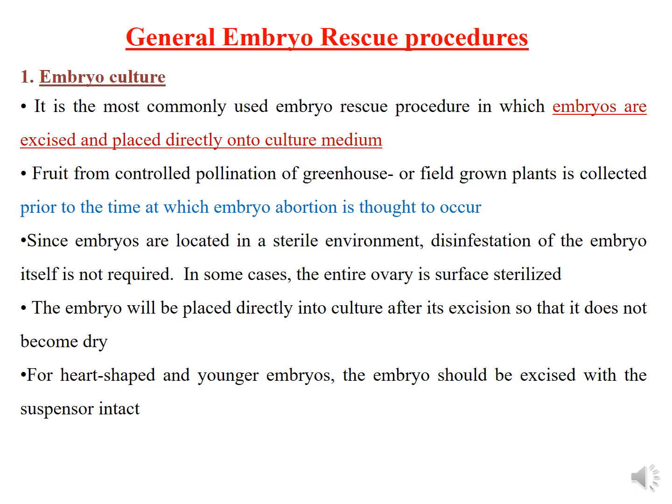Dissection of the embryo itself is not required, but in some cases the entire ovary is surface sterilized before excising the embryo. Then excised embryos are directly placed into the culture after excision, and they do not become dry, because the culture medium already contains the nutrients and water, everything required for embryo growth, because this culture acts as an alternative to the endosperm for providing nutrients to the embryo.